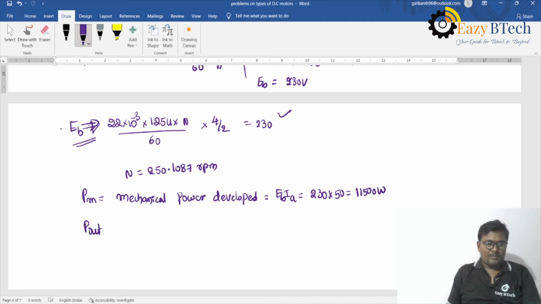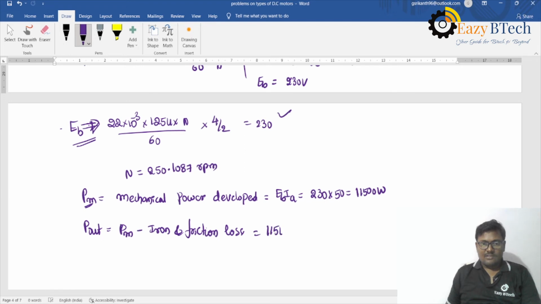Then the output power is equal to PM minus iron and friction losses. As we discussed already, PM is called the gross mechanical power output, like gross salary and net salary. If you subtract the iron and friction losses from the mechanical power developed, then you will get the shaft power.